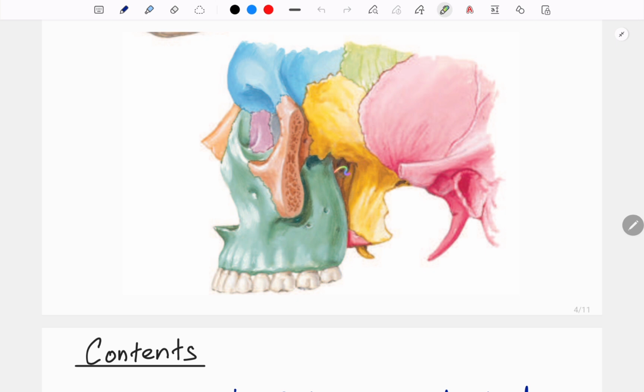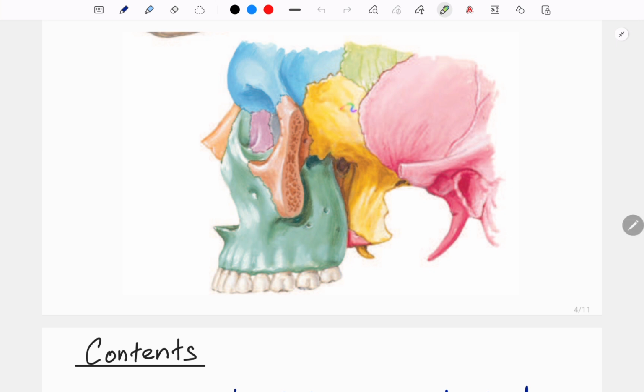The medial wall is separated from the anterior wall by the pterygomaxillary fissure.